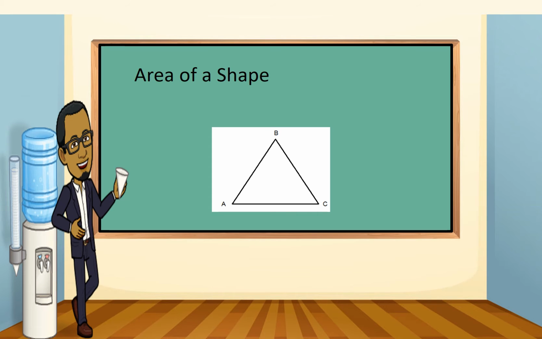Before we start our expedition, I want to check in with you to see if you remember what area is, as this is the major focus of the lesson. So, what is area?